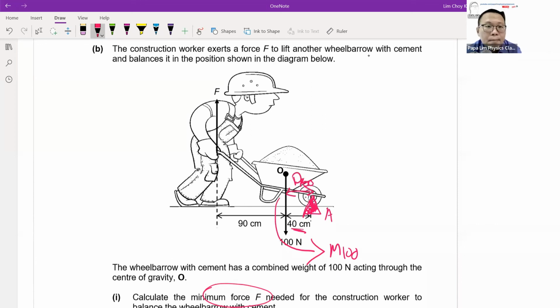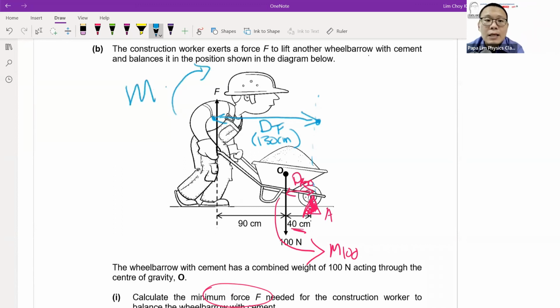Then for my F with respect to the pivot, the perpendicular distance ranges from the corner of F all the way to the pivot, which is 90 plus 40 cm, which makes 130 cm. So the perpendicular distance DF is 130 cm, and the force F about the pivot A creates a clockwise moment.